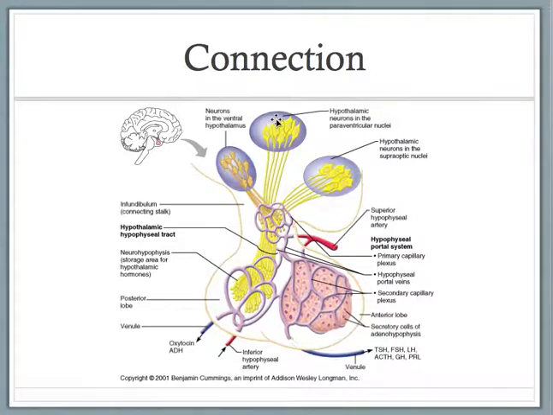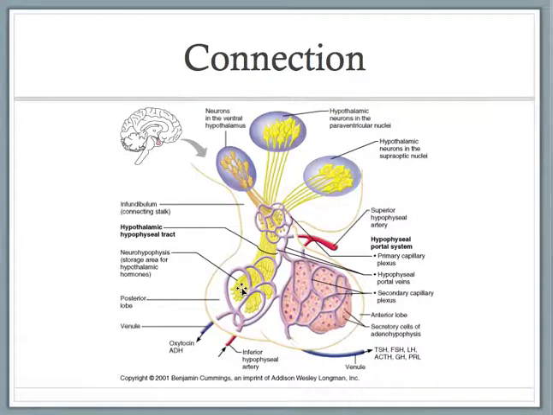So these cells, these neurons, their cell bodies send axons down through this infundibulum. And then we have the end portions of the axons being the place where we would have vesicle release, in the same way that we have that in any other neuron.